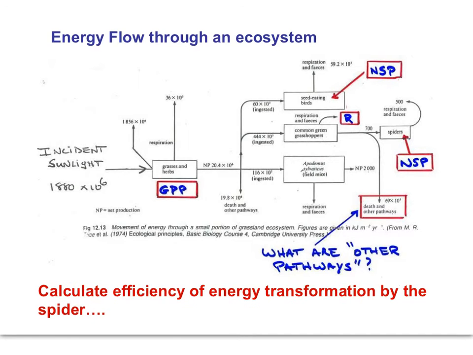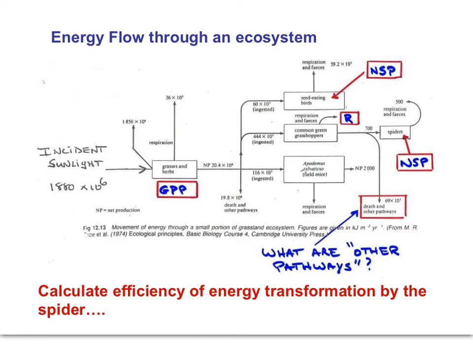specifically. So the next question is to calculate the efficiency of energy transformation by the spider. Now this requires a couple of steps. First, determine the NSP of the spider. Easy mental math provides a value of 200 kilojoules per meter squared per year. 700 minus 500 gives us 200 for the NSP of the spider.